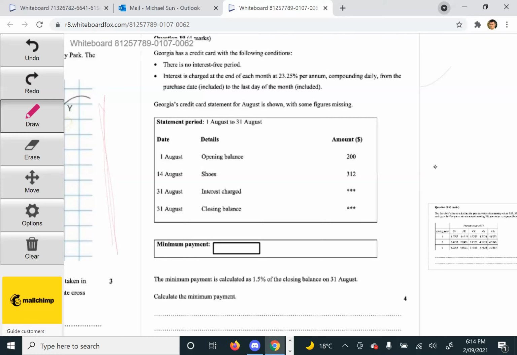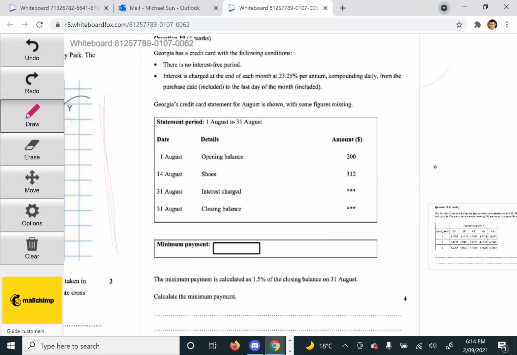So it's just 200 times the rate for 14 days. Yeah, you can do it like 200 times the rate for the whole month and 300 times the rate for the 18 days. So you have to combine them. Yeah, that's the same as if you did 200 for 14 days and 500 for 18 days.